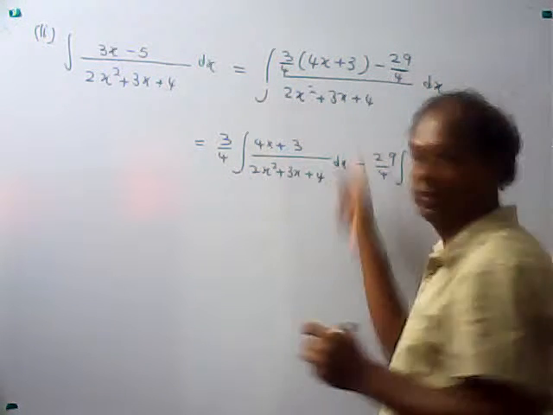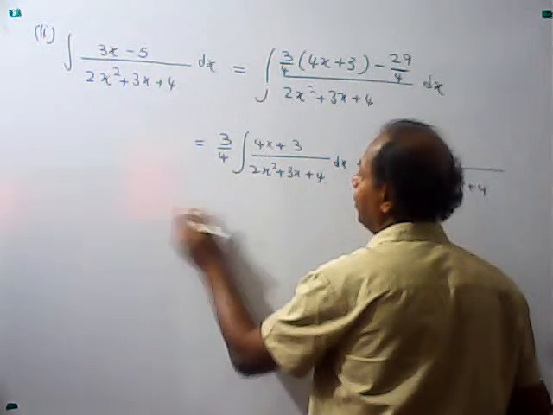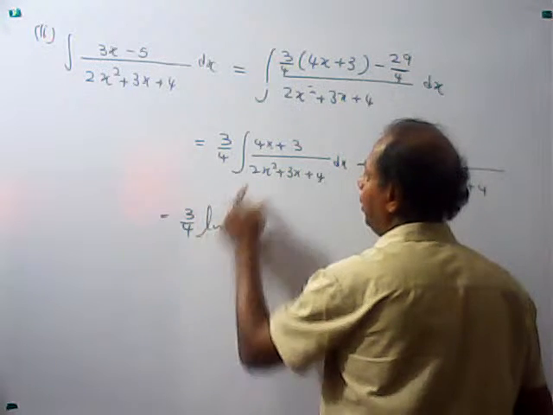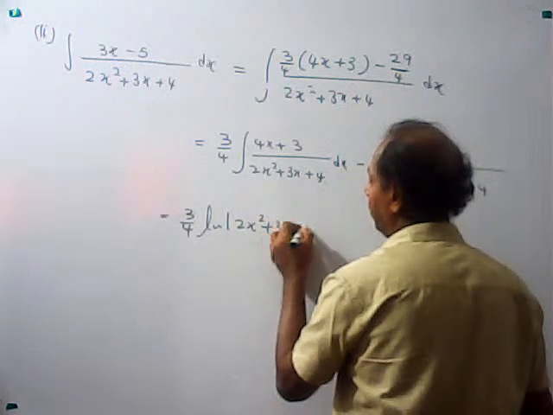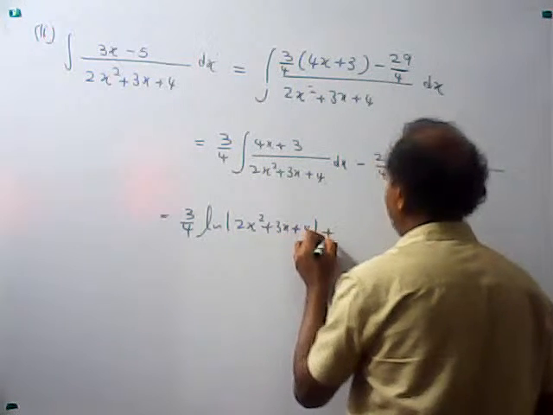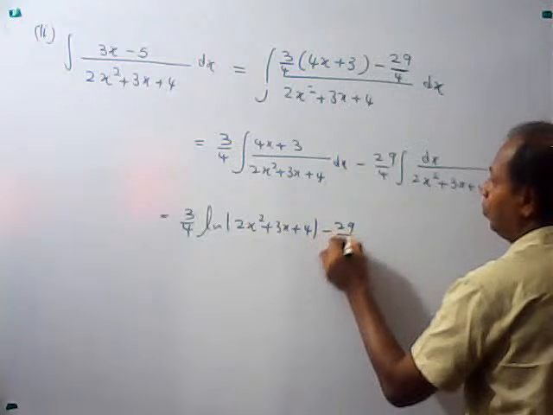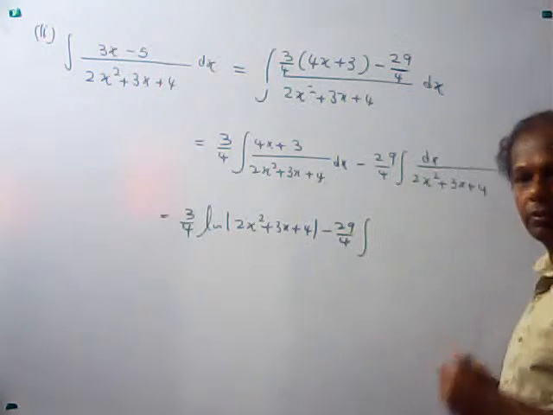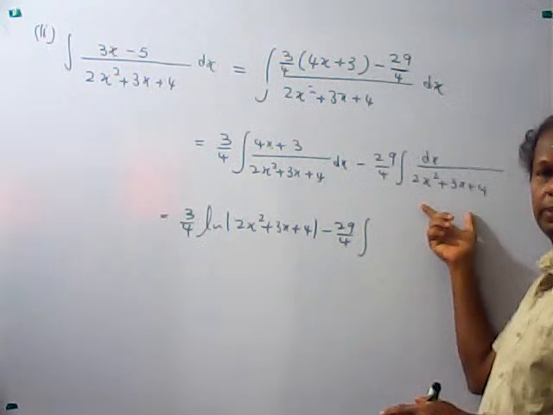Now this part is easy. You easily see the derivative on top. So the integral is 3 over 4 ln mod of the denominator plus, minus 29 over 4. Here we have to complete the square because delta is less than 0, a quadratic in the denominator.